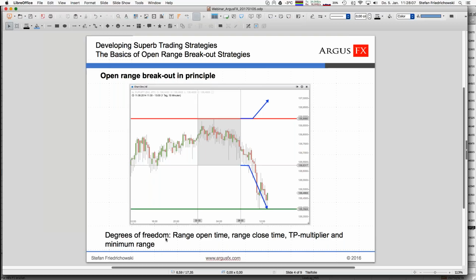So to not trade if the range is too small is a quite good idea, especially for those underlyings with higher spreads. Therefore, I apply a so-called minimum range. If that minimum range is not reached, then I have no trade at that day.